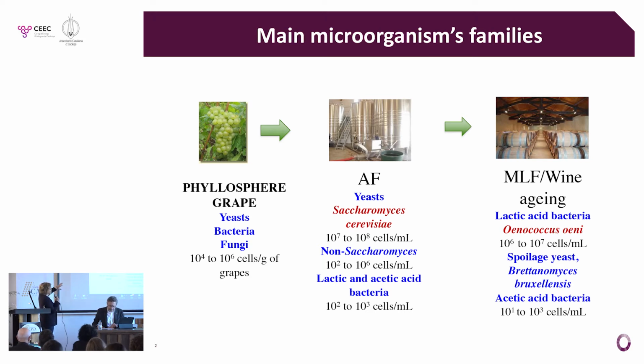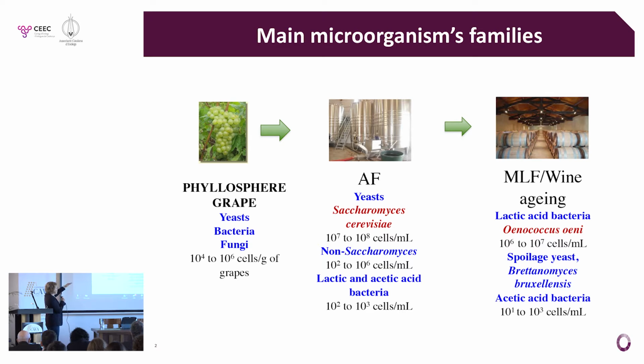Then, during the alcoholic fermentation, we move to another system where, of course, yeast will be dominant, especially one key species, which is Saccharomyces cerevisiae, with very high population levels ranging from 10 to 100 million of cells per milliliter.